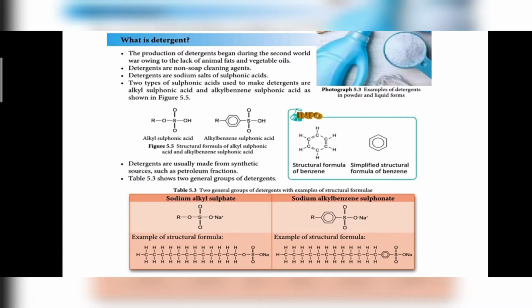So these are two general groups of detergent: sodium alkyl sulfate, if we use alkyl sulfonic acid, and another group, sodium alkyl benzene sulfonate, if we use alkyl benzene sulfonic acid.